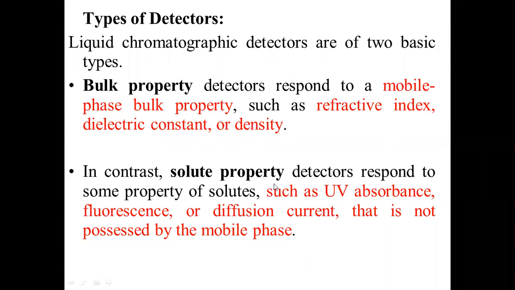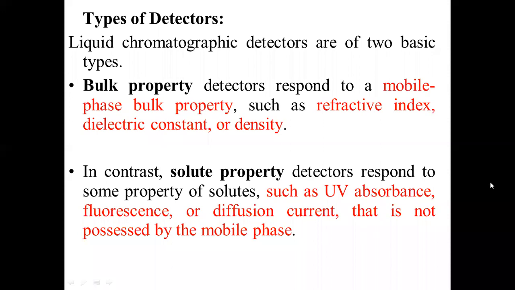In case of solute property detectors, as the name implies, the detectors are going to function in such a way that the property of the solutes, such as UV absorption capacity, fluorescent ability, or diffusion current, which may be obtained after undergoing oxidation or reduction of the solute, is measured.